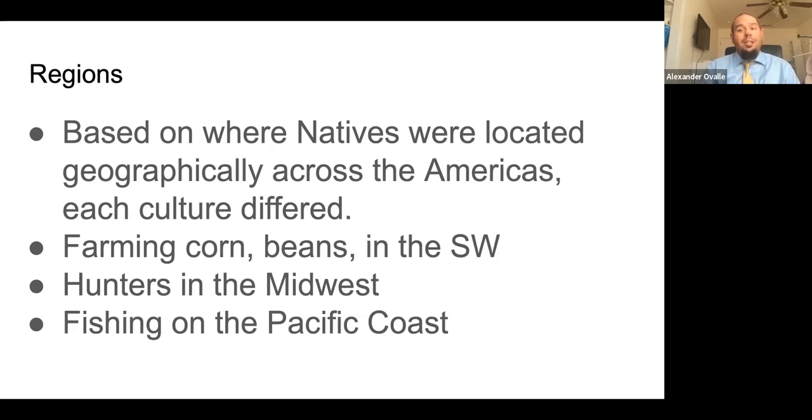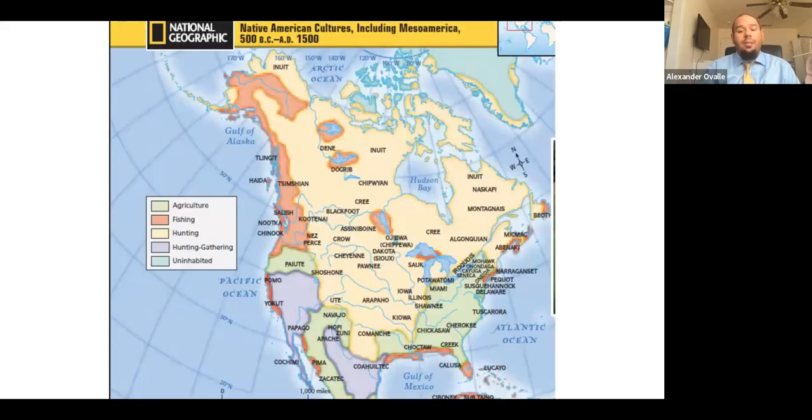Also, the Gulf of Mexico, Massachusetts Bay, they love to fish there too. Florida. So as you can tell by the different colors, the West Coast up here, fishing all up in the Canadian West Coast, hunters and gatherers hunting, fishing down here, like I said, Florida too.